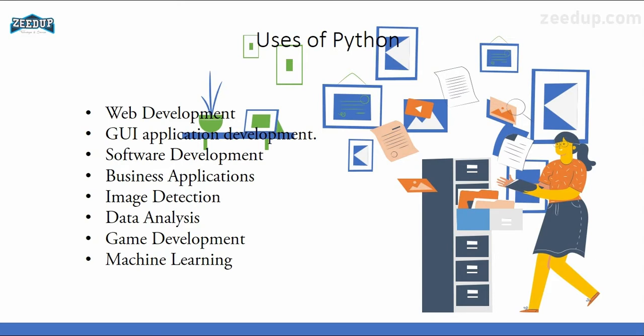Next field in which Python is used extensively is game development. So, if you are fond of video games or creation of video games is what interests you the most, then game development is the field where you can go after learning Python.